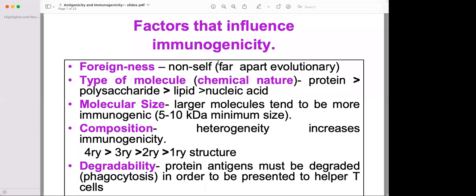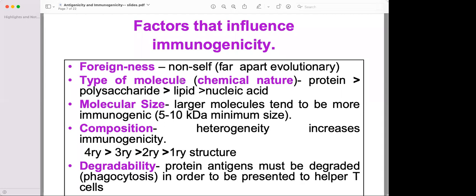When it comes into contact with the body, it will be able to stimulate your body to respond with an immune response. You also have the type of molecule, in which case we talk about the chemical nature: a protein is much more immunogenic than a polysaccharide, much more immunogenic than a lipid, and much more immunogenic than a nucleic acid.